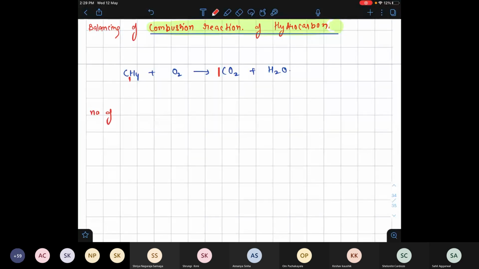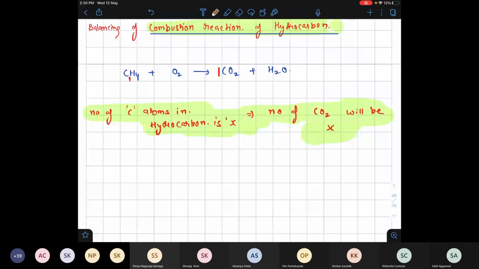Number of carbon atoms in hydrocarbon is X. Then number of CO2 will be X. Are you getting this line?